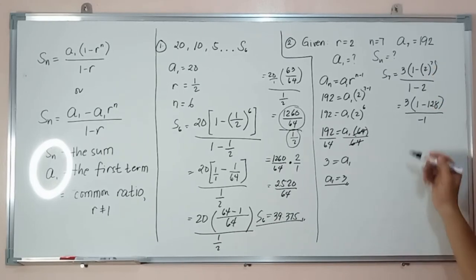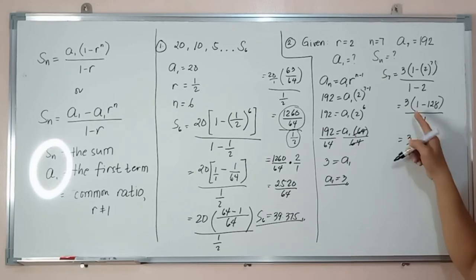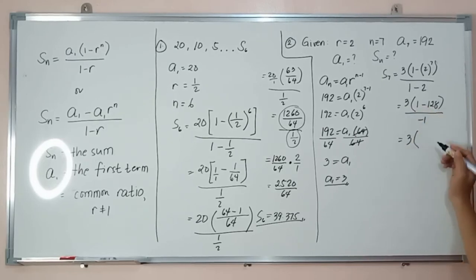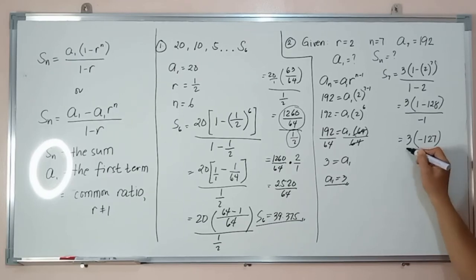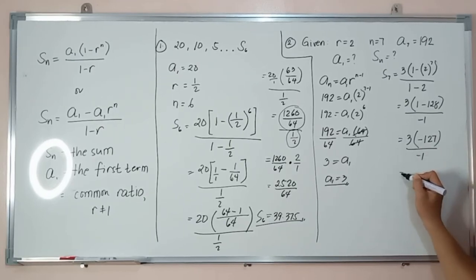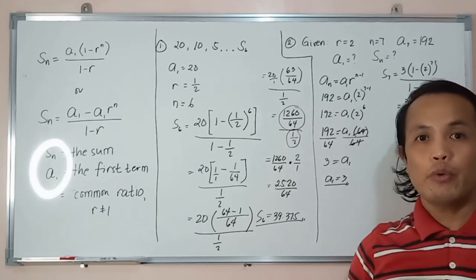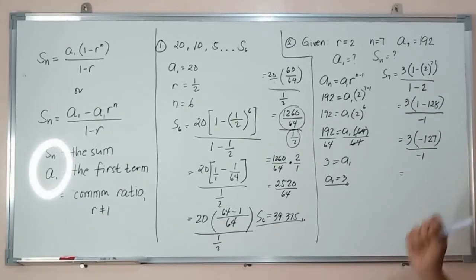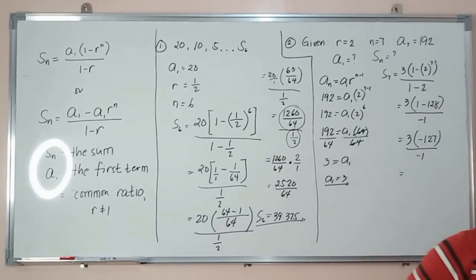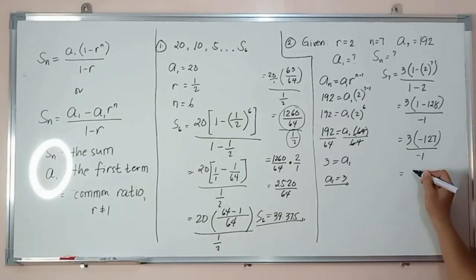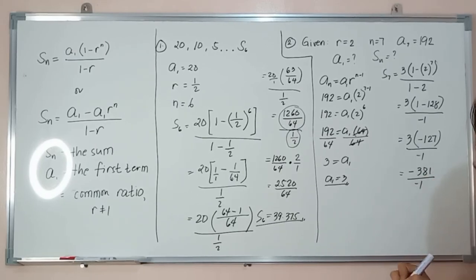We subtract. So we copy 3, which is this one. 1 minus 128 is negative 127 over negative 1. This time, we will multiply 3 times negative 127, which will give us negative 381, divided by negative 1.